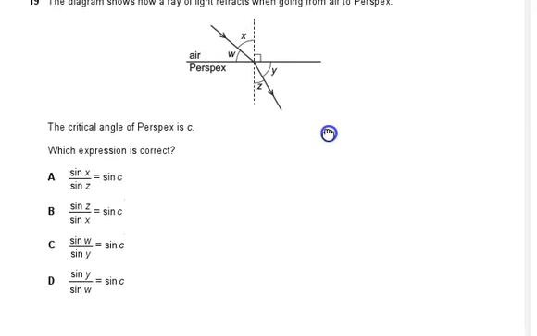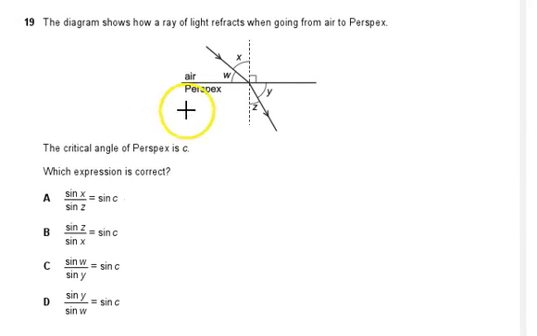Okay, number 19. The diagram shows how a ray of light is refracted going from air to perspex. Okay, this is the air to perspex. So the critical angle of perspex is C. Which expression is correct? So for the refractive index, we will have n.